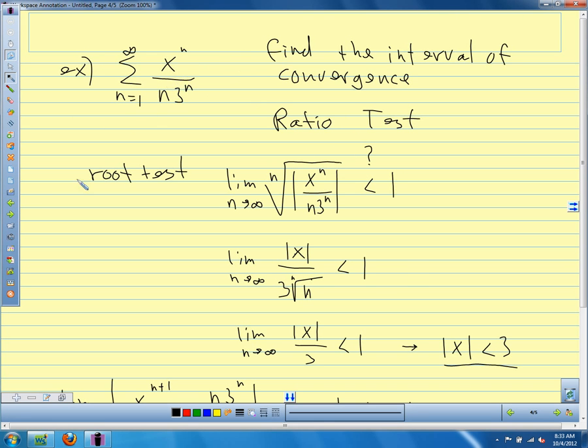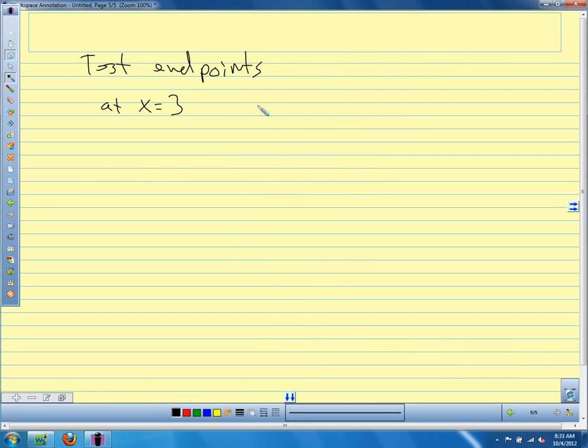We plug in x equals 3 here. We end up with the sum, n equals 1 to infinity of 3 to the n over n 3 to the n. And this is just the harmonic series. So it diverges at x equals 3.